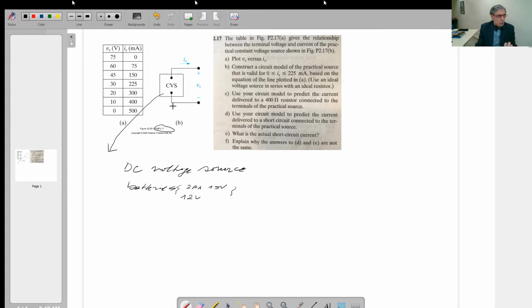Now these practical constant voltage sources, in terms of ideal elements, are composed like that. An ideal DC voltage source, that is ideal, and a resistor.